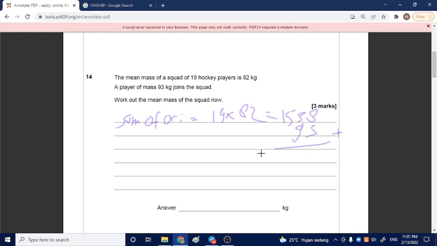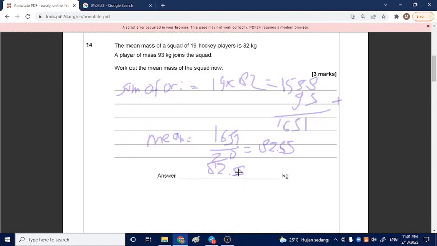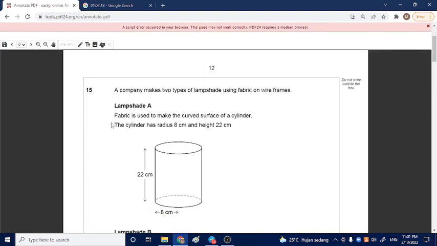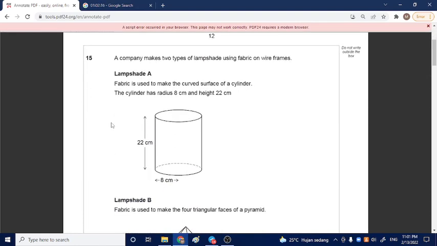This is the new one. So the new mean would be 1651 over 20 equals 82.55. Yeah, I think I can just put it all in without even rounding up. I hope, because what I hate in these problems is that I need to round it up and blah blah blah.